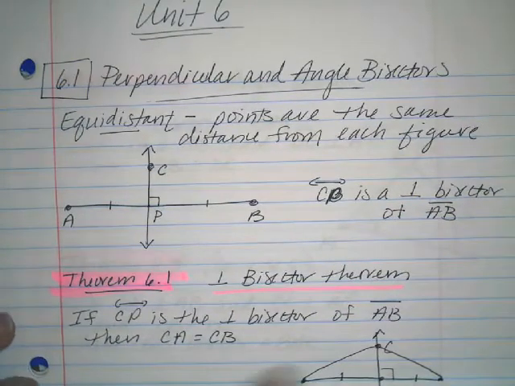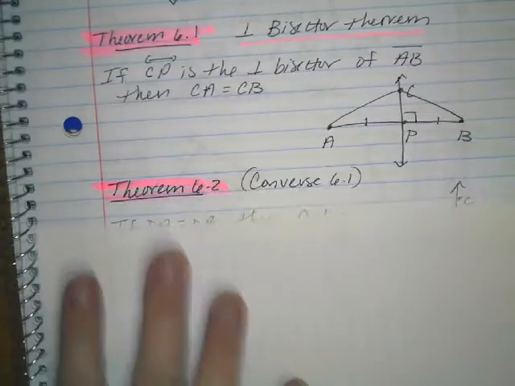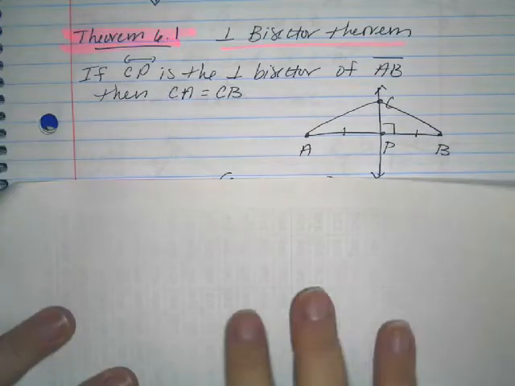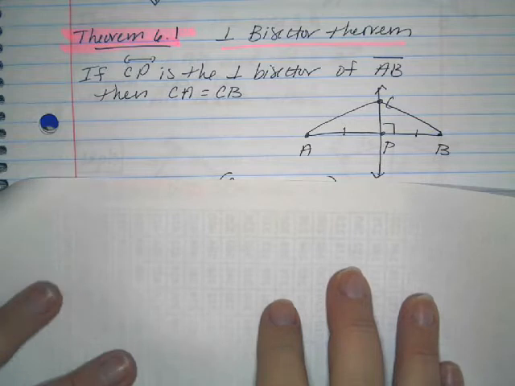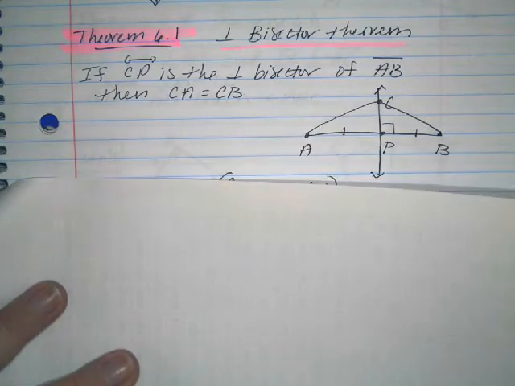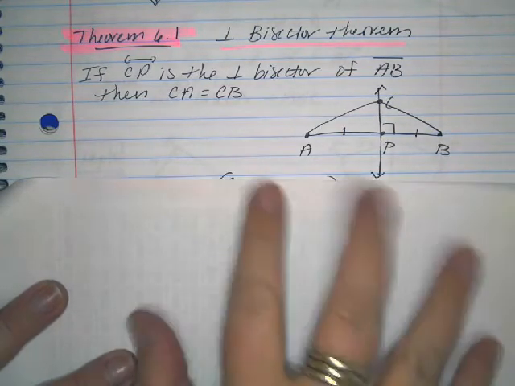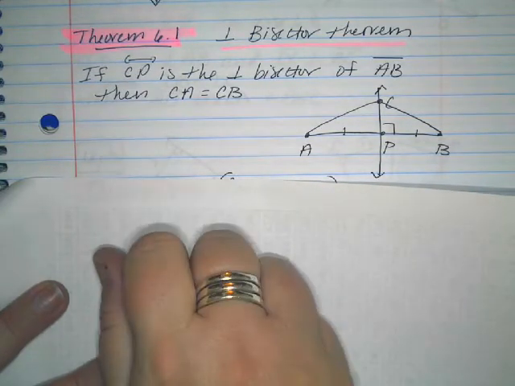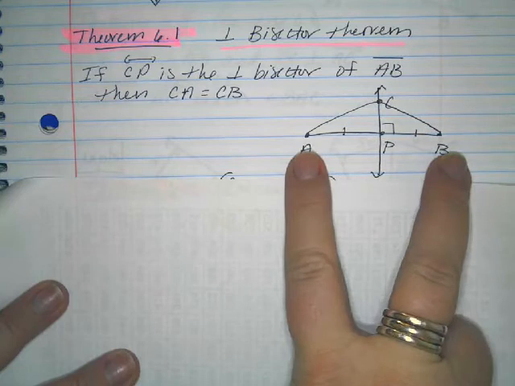The next piece that we're going to talk about is our first theorem today. We have 4 different theorems we're going to look at. The first one is theorem 6.1, and it's talking about that perpendicular bisector we just referenced. In this picture, we can see that line CP is the perpendicular bisector of line segment AB.